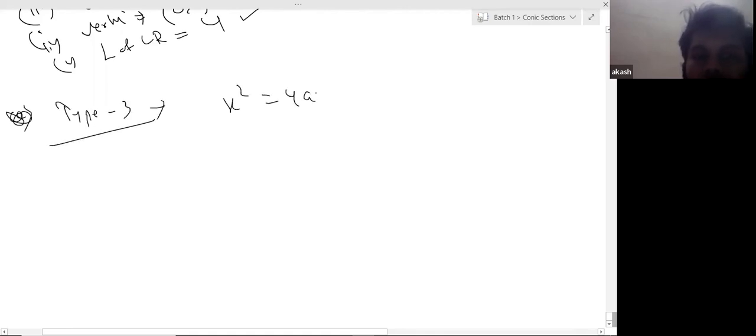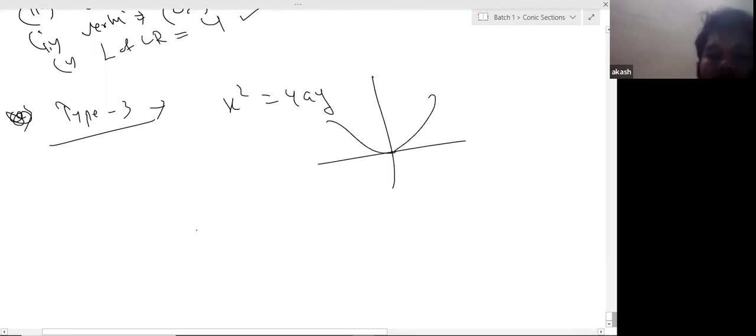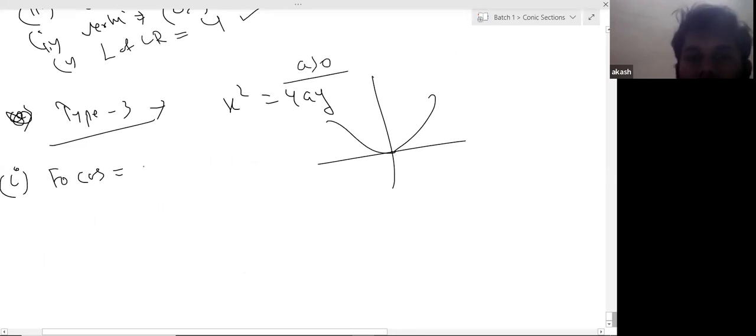x square equals to 4ay. It looks like this. So can anyone tell me what is focus here? What will be the coordinates of focus? Here also a is positive. Shravya, can you guess what is focus here?